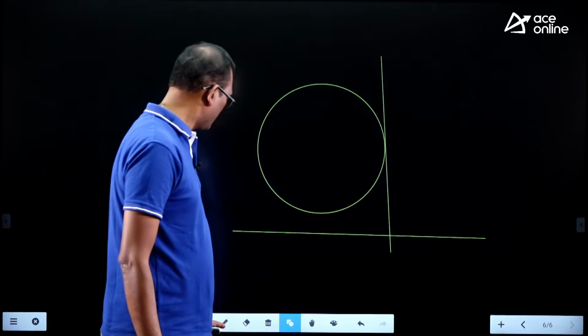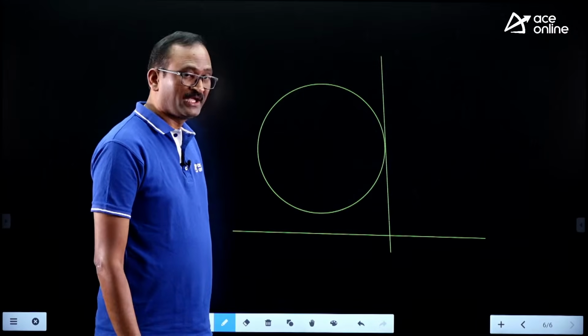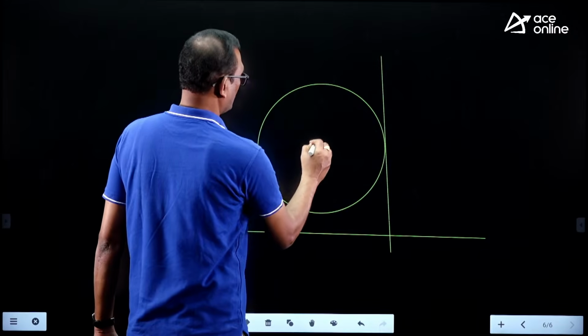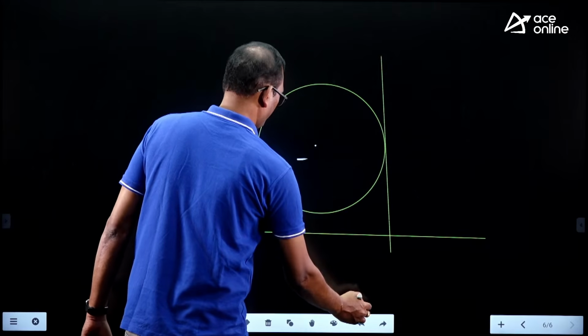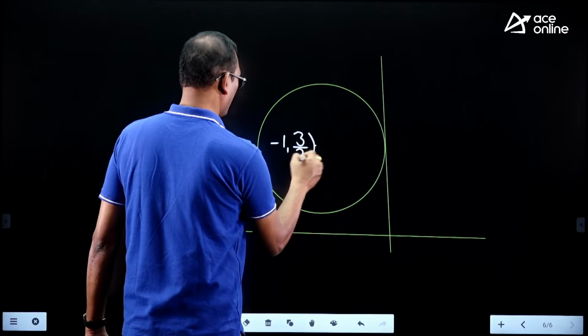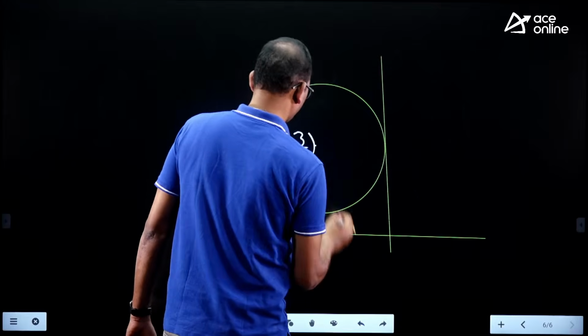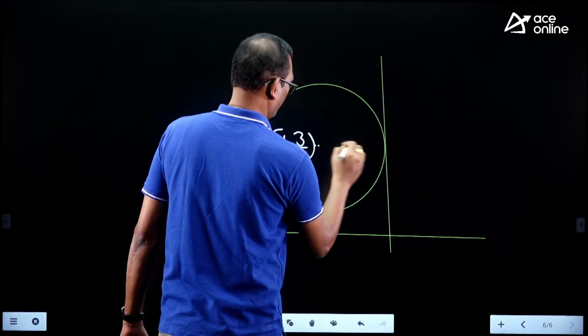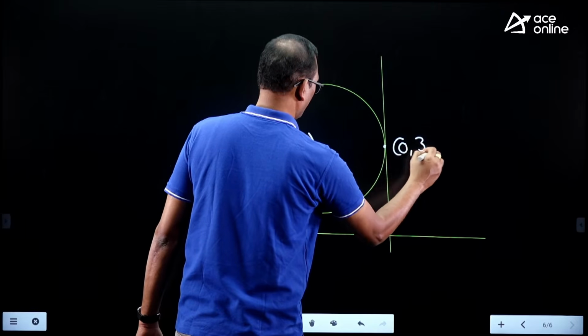Just observe this. The center of the circle is at minus 1 comma 3 by 2 and the radius is 1. If the radius is 1, then it should reach 0 comma 3 by 2.